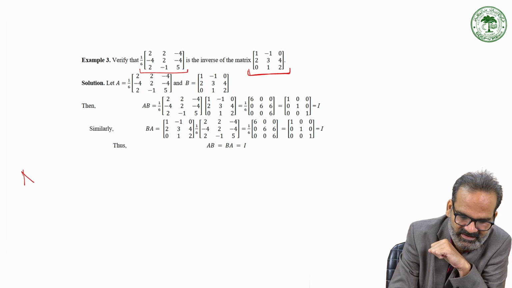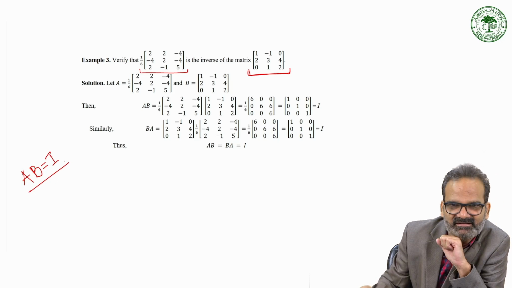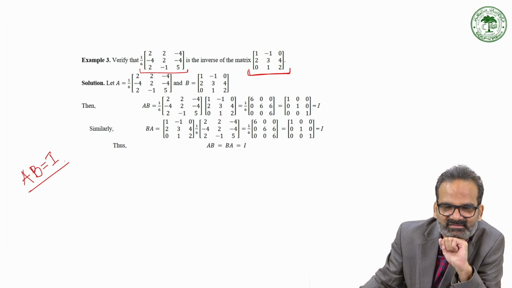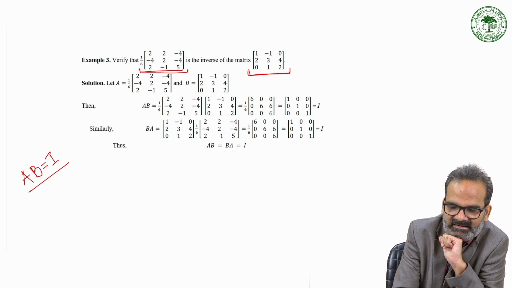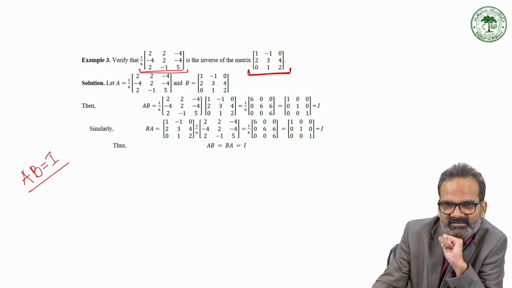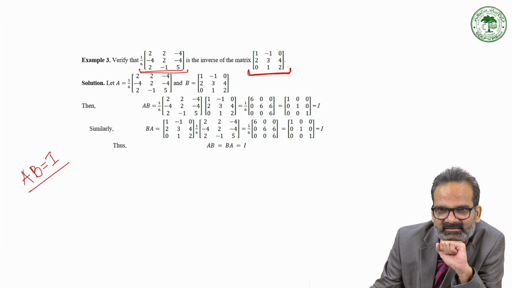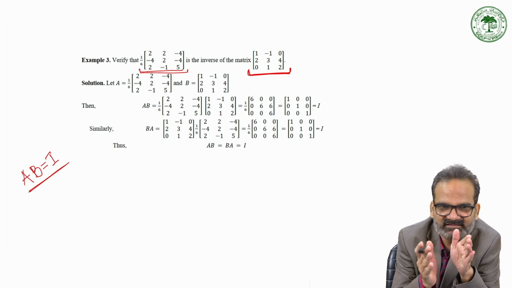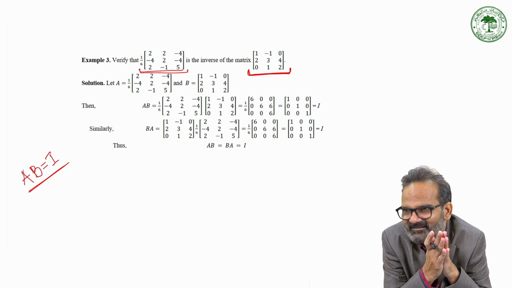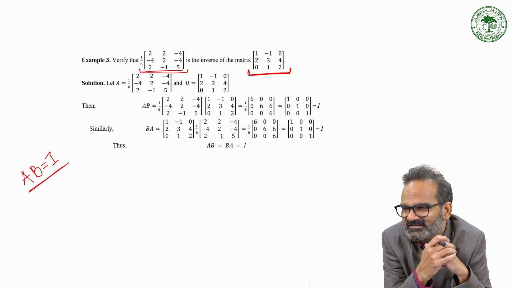If A is a matrix, then B is called its inverse if AB equals the identity. This is the definition of the inverse of a matrix. So what should we do? Just think over it. By the definition, if two matrices are multiplied and give the identity, both are called inverses of each other.